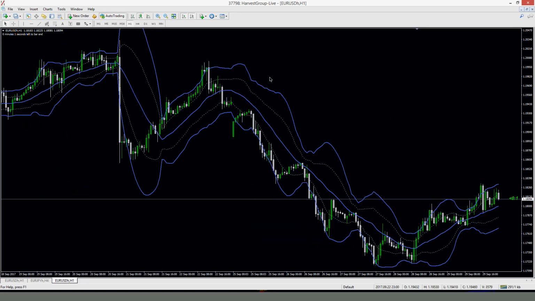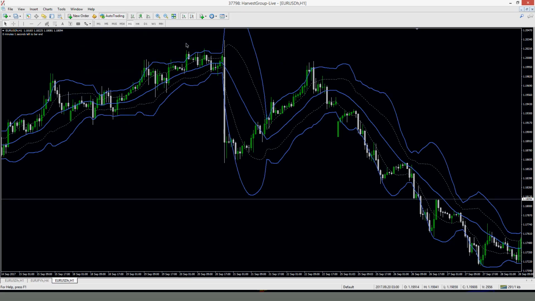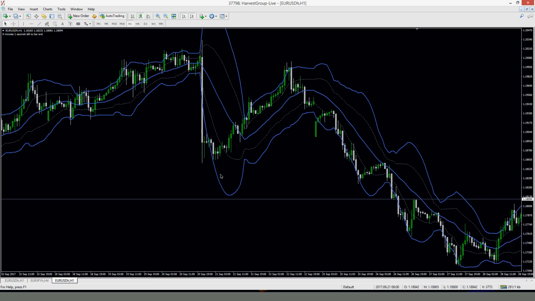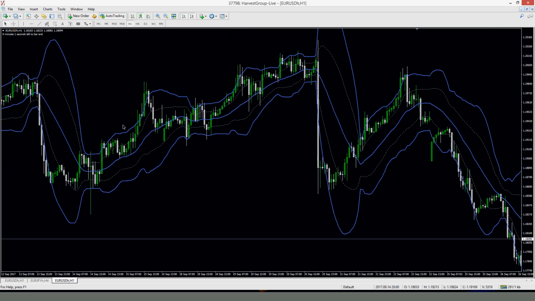The Bollinger Band has 2 different types, which is very obvious here. This is a momentum Bollinger Band, and this is a sideways Bollinger Band. Although I say that it is sideways, it is still moving up. I will explain later on how this works.